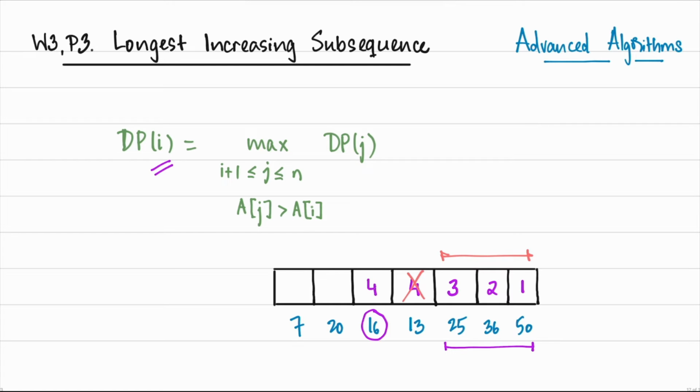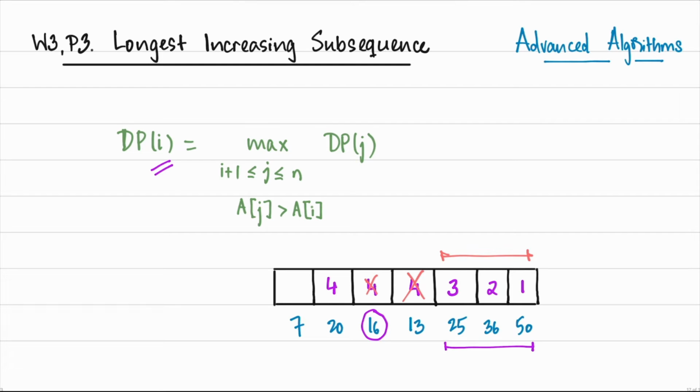So I'm going to get a 4 again. And it's going to be the same story for 20. So 20 is not compatible with either 16 or 13, but it's going to work out okay with 25, 36 and 50. So once again, we have a table entry of 4.